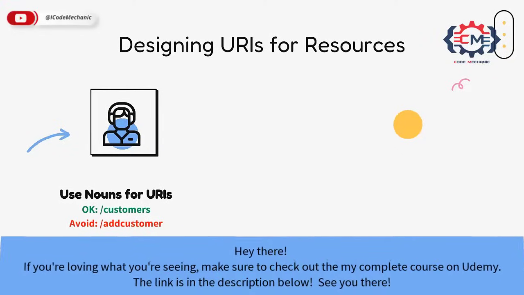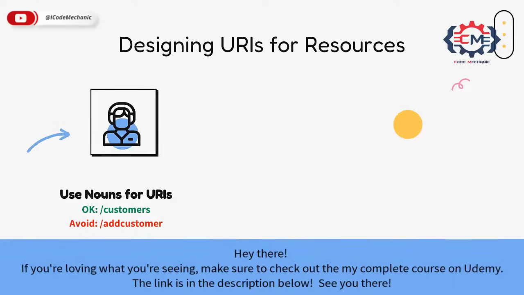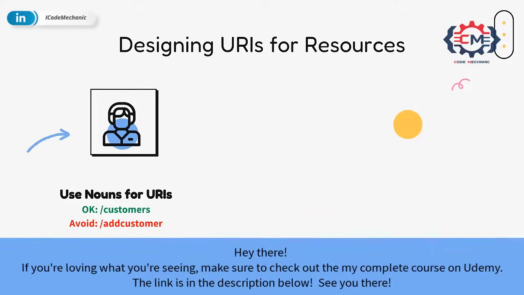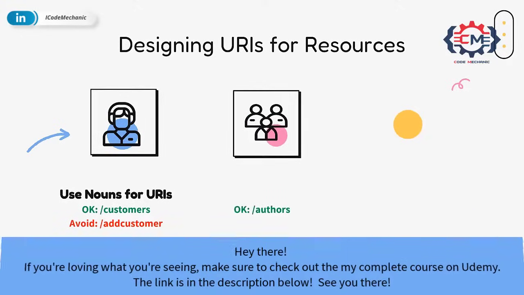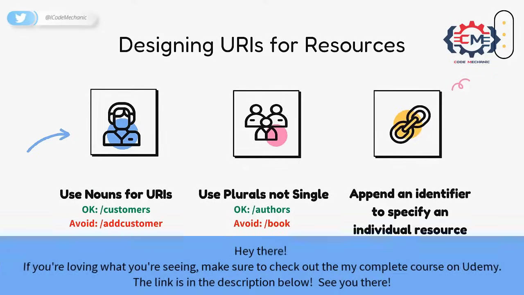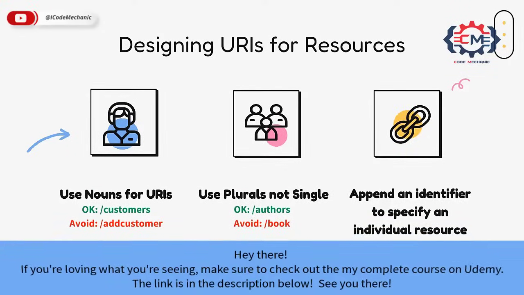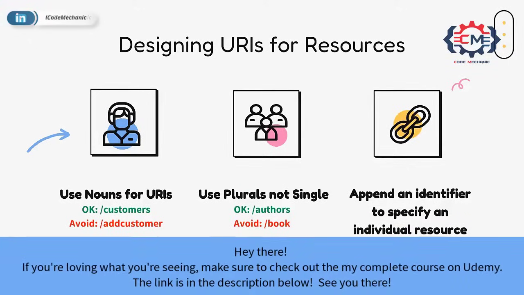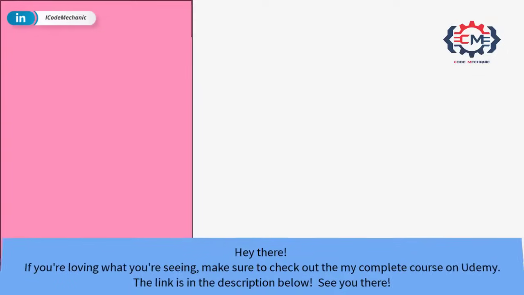Of course, a group of things can also be a resource, and since most web APIs expose more than one of most kinds of resources, the convention is to use plural nouns for almost every case. In order to specify a particular resource out of a collection of them, the specific identifier should be appended to the URI, usually separated by a forward slash.